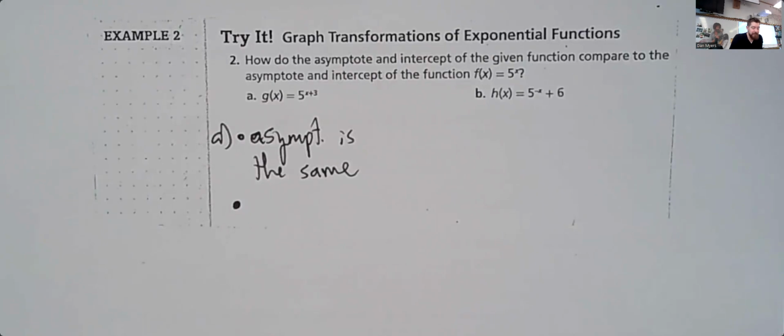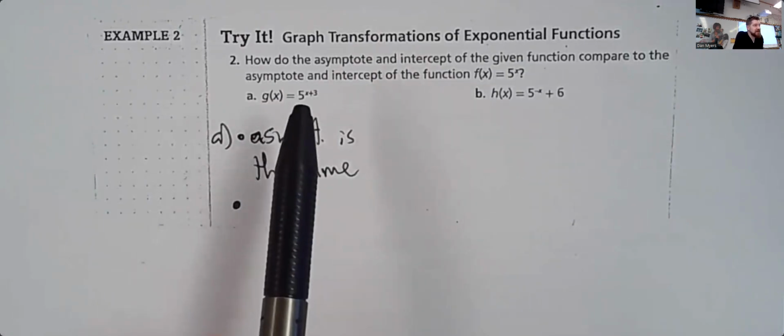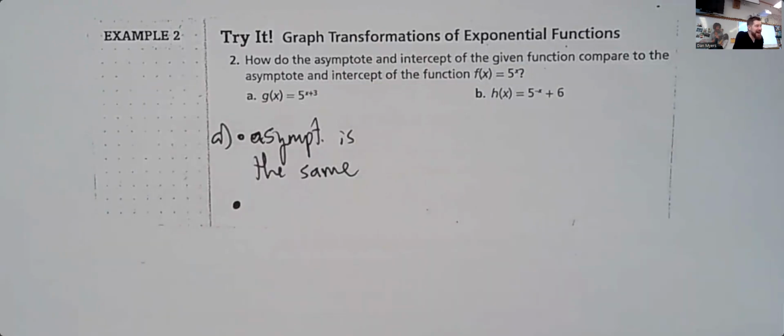What do you want to do that? That's 5 to 5. So how many factors of 5 was x increased by? 3. Right?